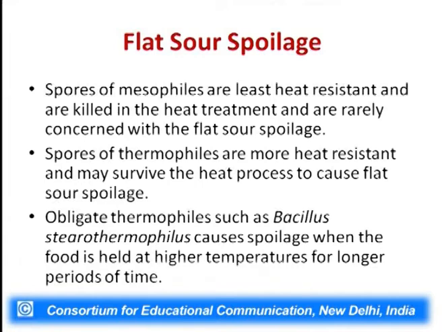Spores of mesophiles are least heat resistant and are killed in the heat treatment and are rarely concerned with flat sour spoilage. Spores of thermophiles are more heat resistant and may survive the heat process to cause flat sour spoilage.